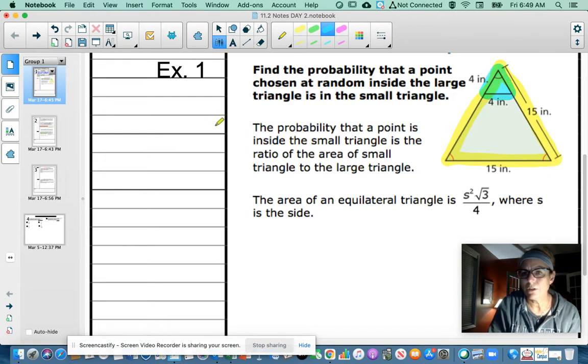That's what we're trying to figure out. The probability that a point is inside the small triangle is the ratio, fraction, of the area of the small triangle to the large triangle. That's what we're doing here.